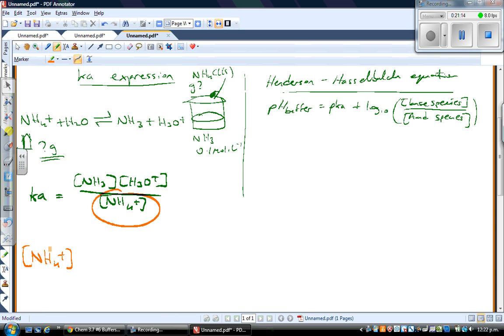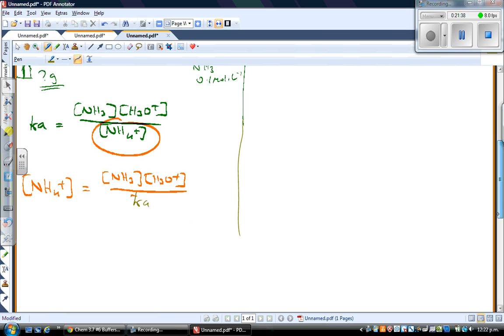The concentration of NH4 plus is going to be equal to the concentration of ammonia times the concentration of H3O plus over the Ka value, which you're given. So do we have all these entities?